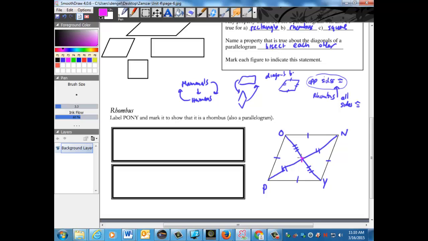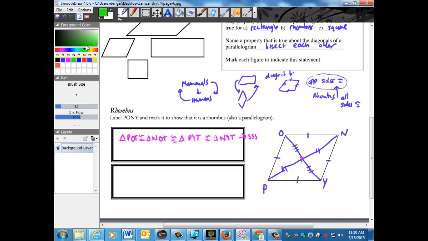Now I can say, if I were to spell out this triangle, let's call it triangle POT is congruent to triangle NOT, which is congruent to triangle PYT, which is congruent to triangle NYT. So these 4 triangles are each congruent by side, side, side.